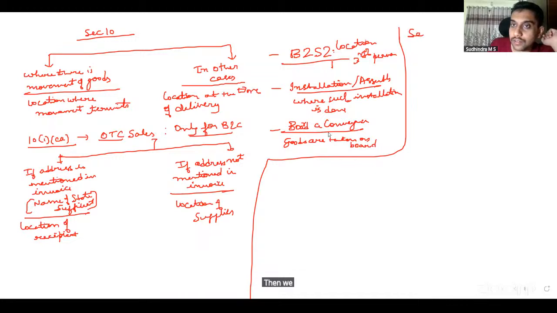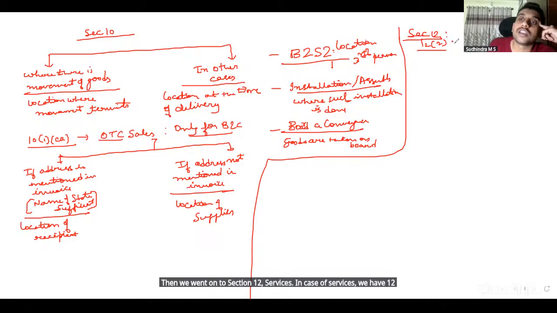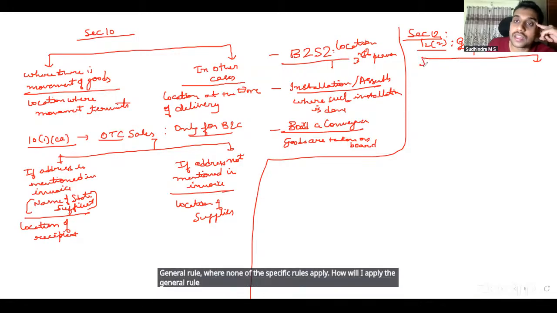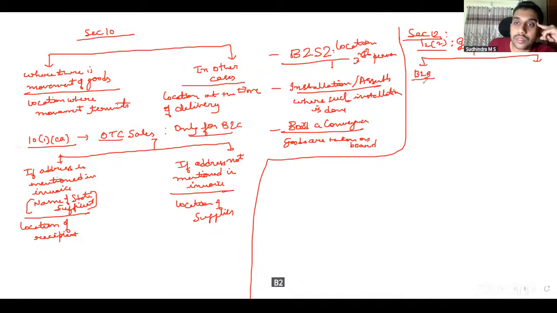Then we went on to section 12, services. In case of services, we have 12(2), the default rule, the general rule, where none of the specific rules apply. How will I apply the general rule? In case of B2B, location of recipient.